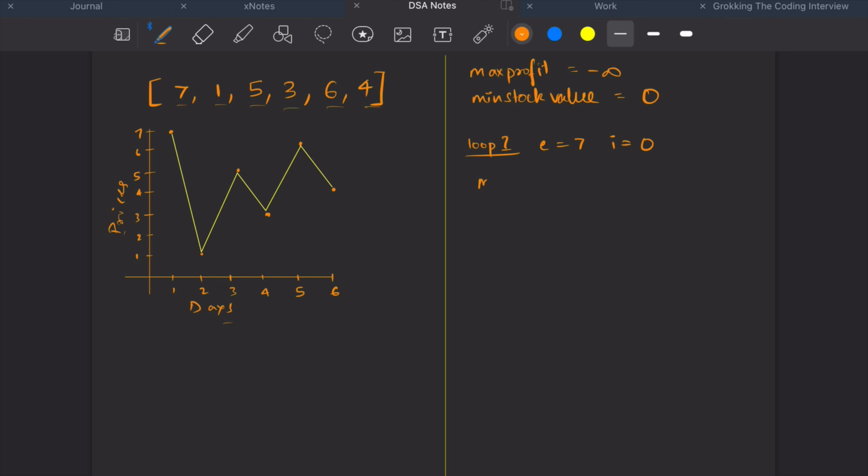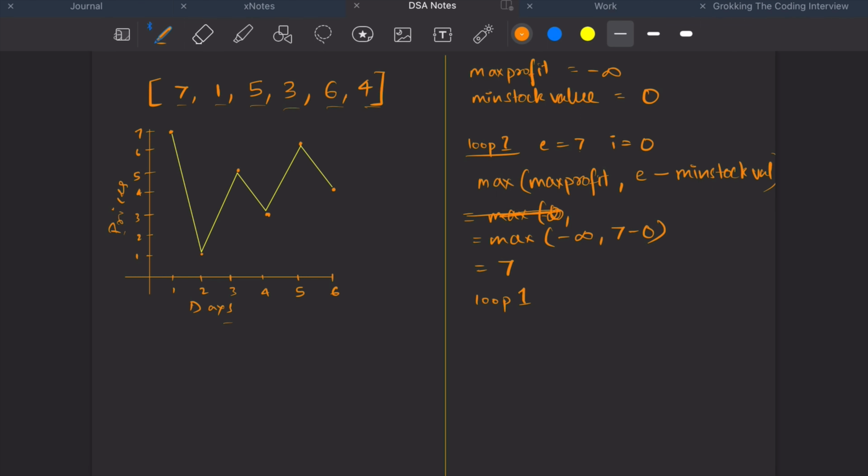So we can find that by taking the max of max profit and e, that's the element we are at right now, minus minimum stock value. This will give us max of negative infinity and 7 minus 0. That's 7 for us.